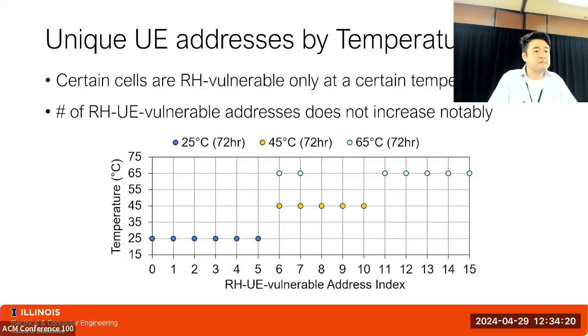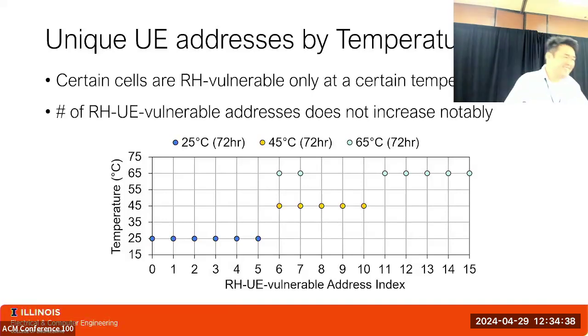Bank conflicts tell you if two rows collide into the same bank, but how do you know the distance between rows, because you're going to do double-sided Rowhammer. You can take it offline. Yeah, take it offline.